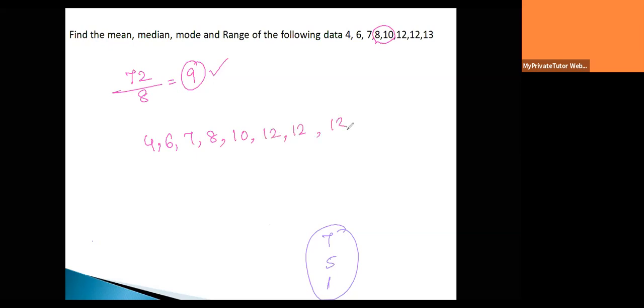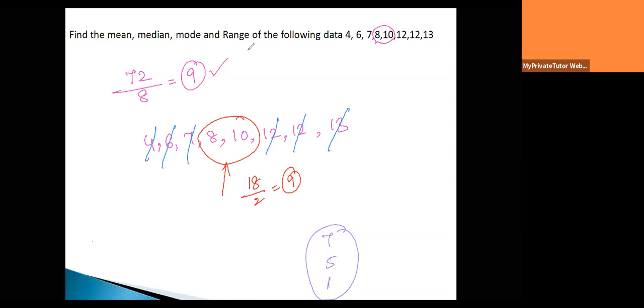See, we just need to write it in ascending order, which is what is given. So you are going to find the middle number. This is a method students usually use: cross out the numbers on both sides, and you get the middle numbers. So we got two numbers in the middle, which are 8 and 10. So 18 divided by 2 is 9. You understand, Arfan?